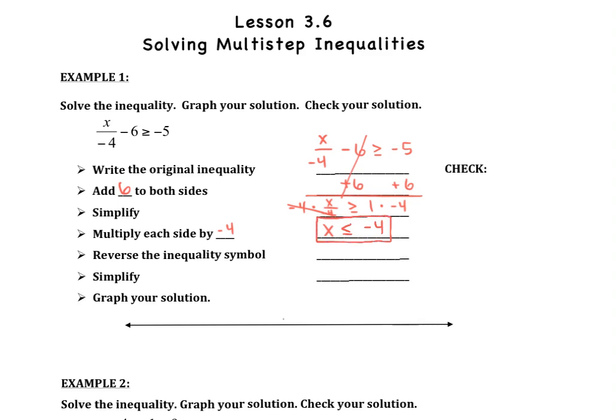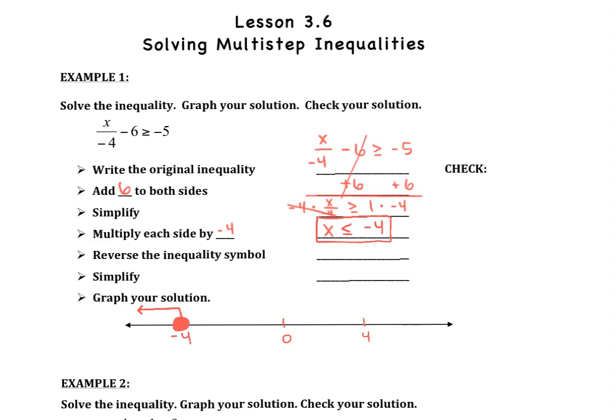All right, so now we've talked about how x can be an infinite amount of things, so we have to show it on a number line, just like we've been doing to show all of the possible solutions. Well, because x is less than or equal to negative 4 can be one of the solutions, so we need to fill in that circle, and then x has to be less than that, so my arrow goes to the left.